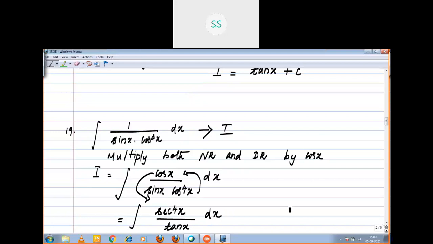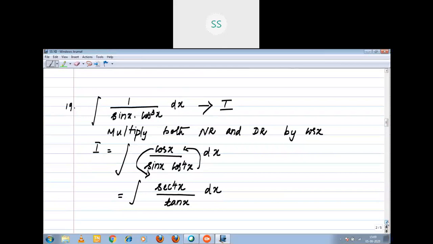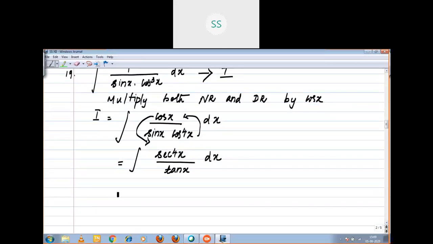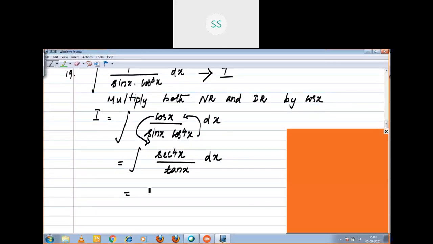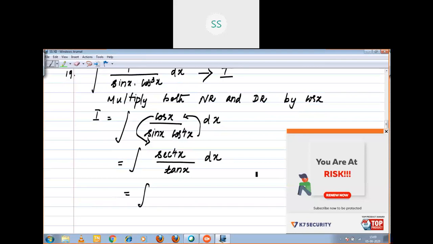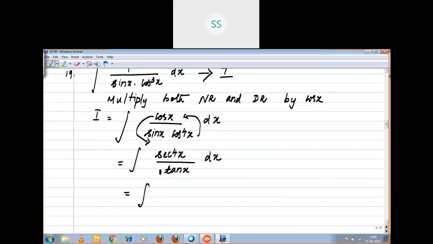Now, the secant power 4 I'm going to split using the law of exponent, a power 2 into a power 2 equal to a power 4. Now it becomes integral of secant square x into secant square x divided by tan x dx.